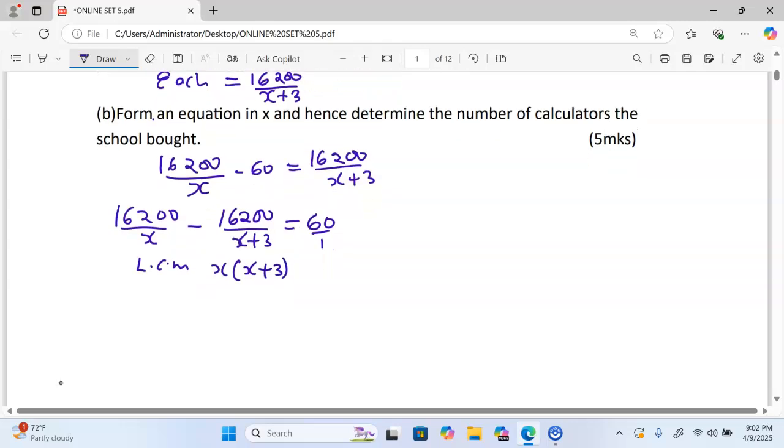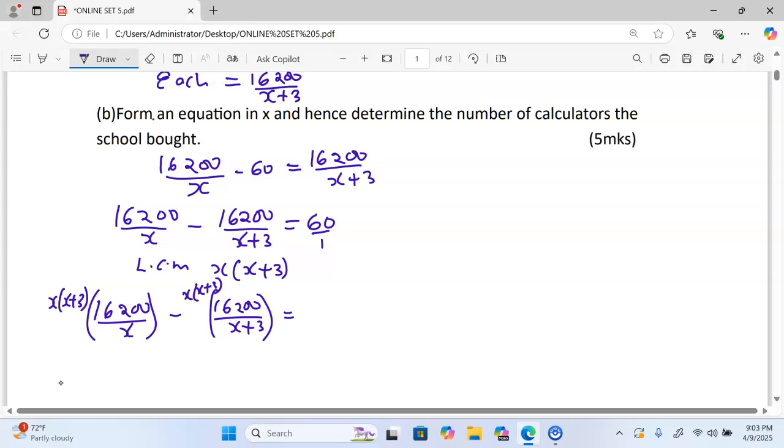After getting the LCM, we can multiply across by the LCM. That is, we have 16,200 divided by X, multiplied by the LCM, which is X into X plus 3, minus 16,200 over X plus 3, again multiplied by X into X plus 3.